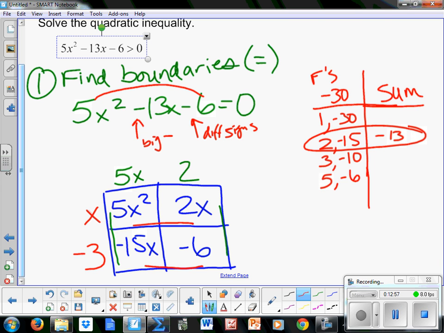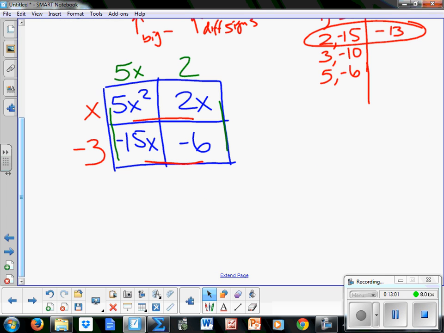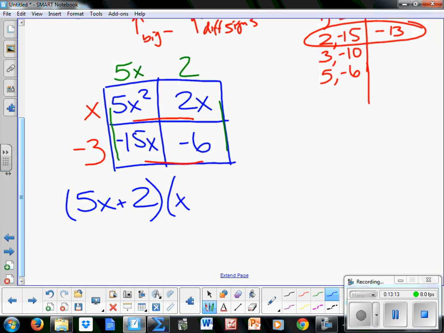All right. So now I need to write these down as my factors being multiplied together equal to 0. My 5x + 2 is one of my factors, x - 3 is another, setting them equal to 0.